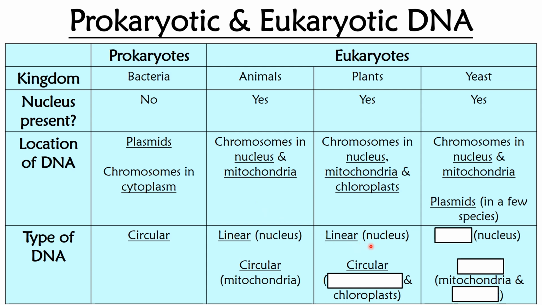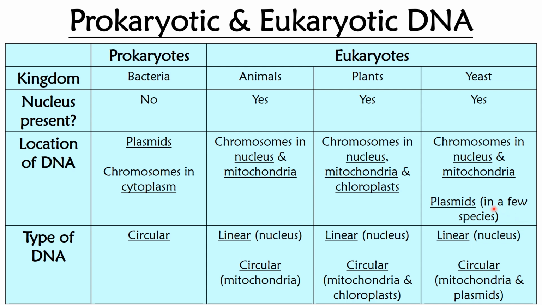For plants, linear in the nucleus, circular in mitochondria and chloroplasts. And then yeast, again, you'll see a bit of a pattern here, linear in the nucleus, and they have got circular DNA in the mitochondria, and remember, some species have plasmids. Okay, so that's your organisation of DNA in prokaryotes and eukaryotes.